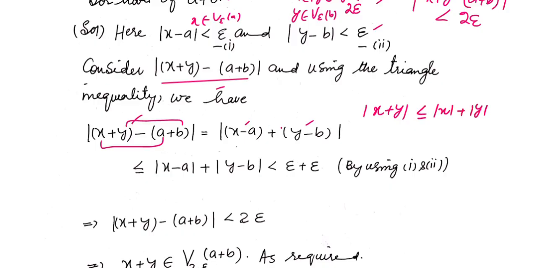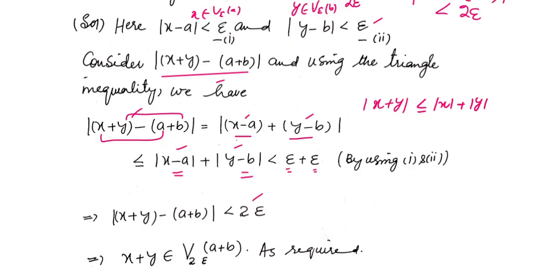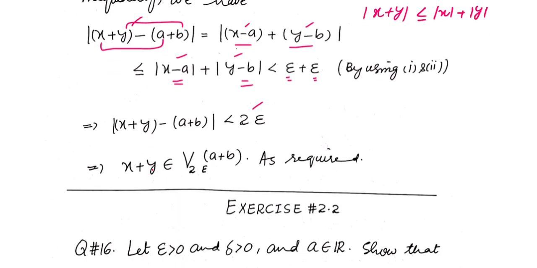So applying this inequality to these two parts, this can be separated as less than or equal to absolute x minus a plus absolute y minus b. By using 1 and 2, this is less than epsilon and this is also less than epsilon. This becomes absolute x plus y minus a plus b less than 2 epsilon. And what does this show? This shows x plus y belongs to the 2 epsilon neighborhood of a plus b, as required.